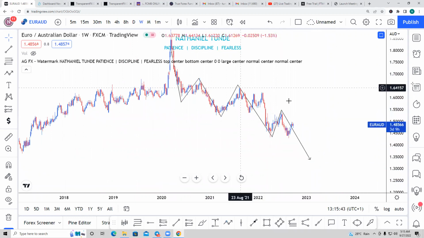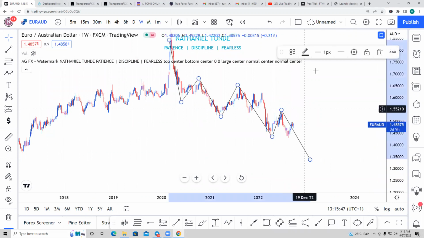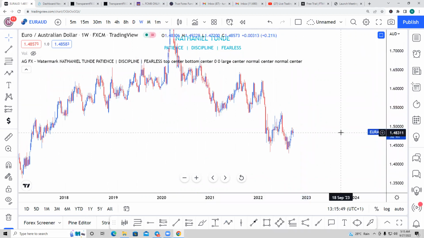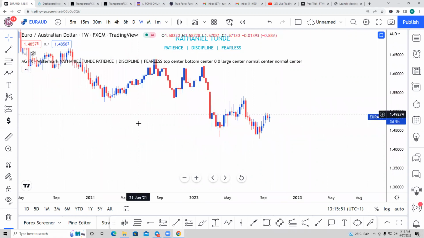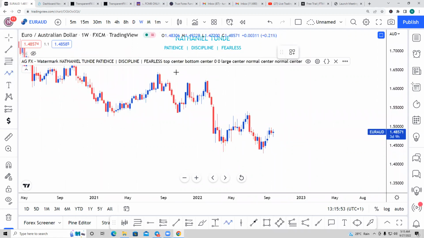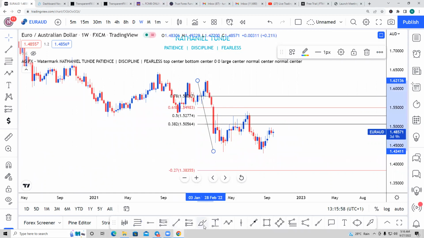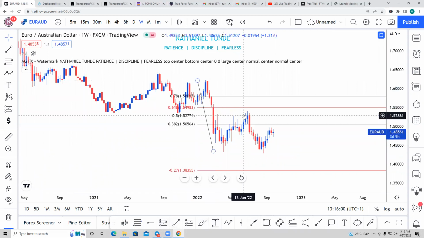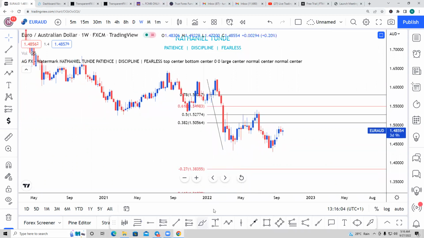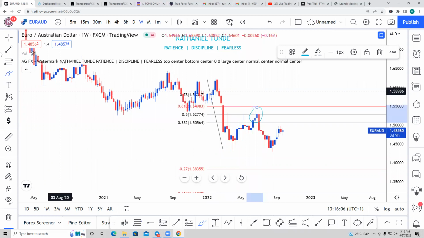So right now, we are still bearish on the weekly time frame, but there is still some corrective structure yet to complete. You can see that this latest move to the downside is being corrected to about 50 to 61.8, about a 50% retracement right here.